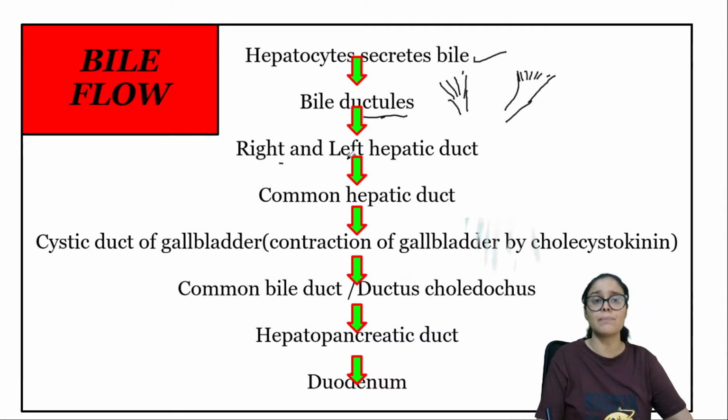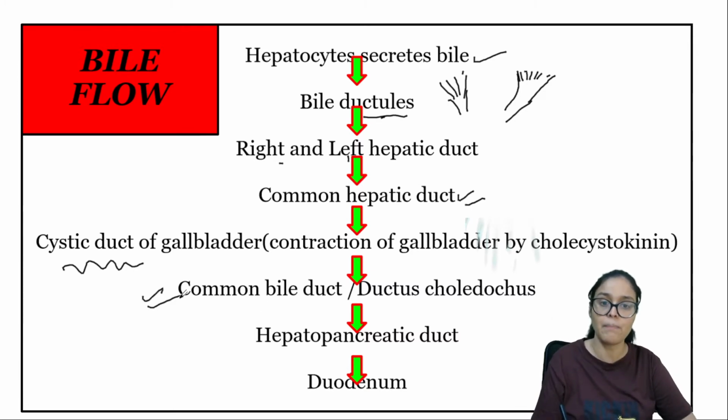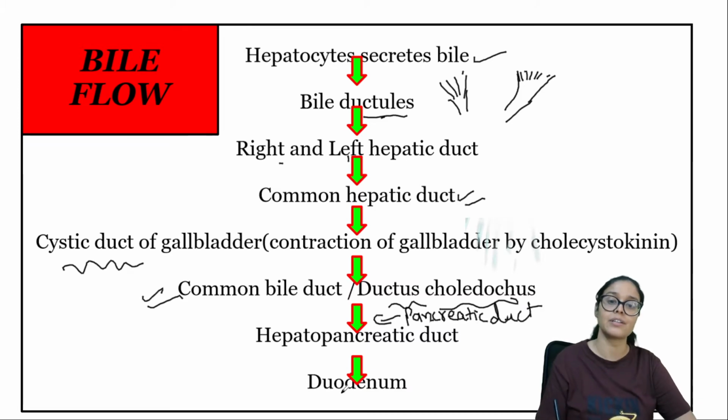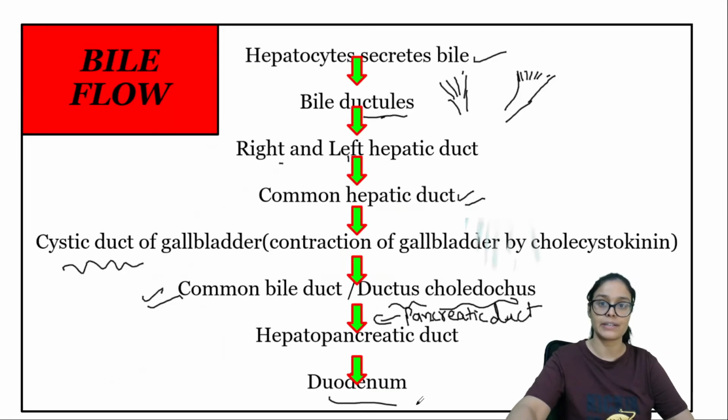Both ducts carry the bile and fuse to form the common hepatic duct. Now the cystic duct also combines with it to form the common bile duct or ductus choledochus, which will fuse with the pancreatic duct and is known as the hepatopancreatic duct, which will open into the duodenum. That I have told you already, right?